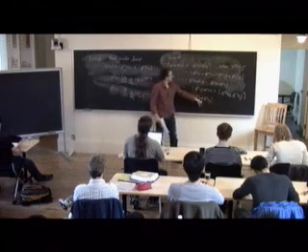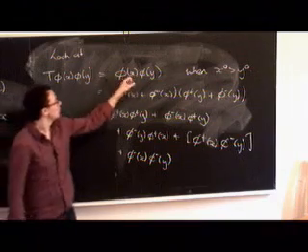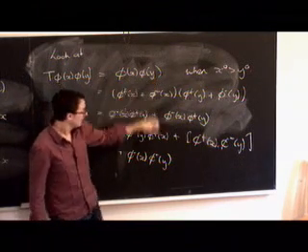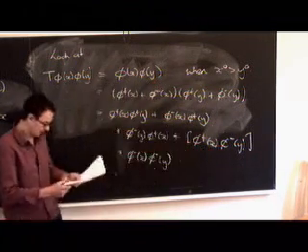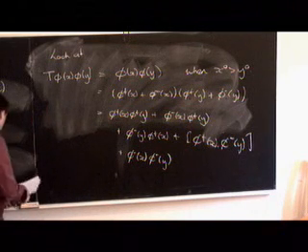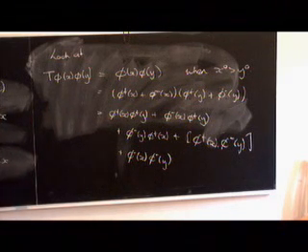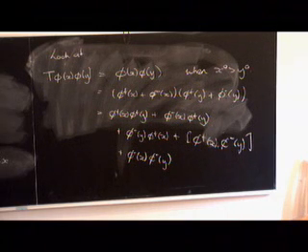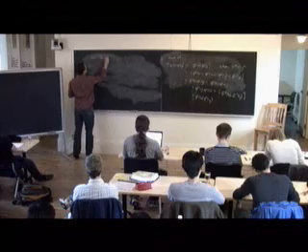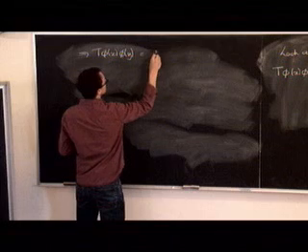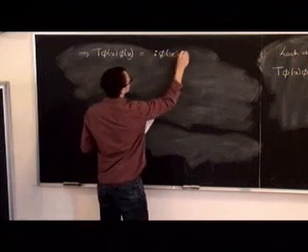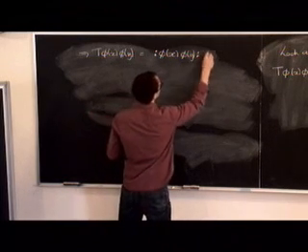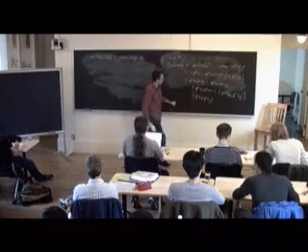This, and this is the definition of the normal-ordered product of phi x and phi y. And what we're left with is this commutator. So the difference between the time-ordered product and the normal-ordered product when x0 is greater than y0 is this commutator.